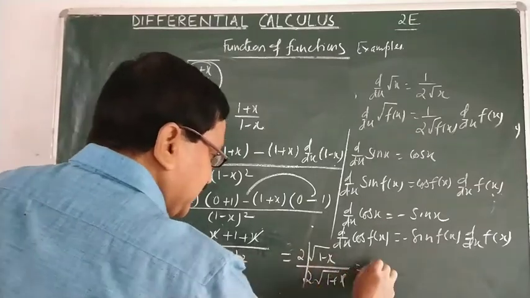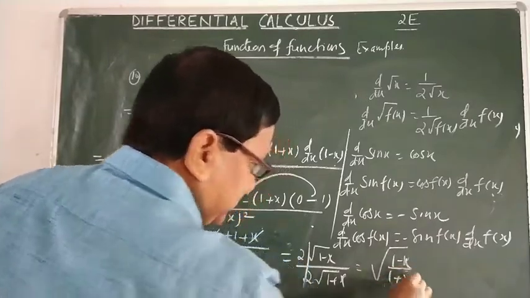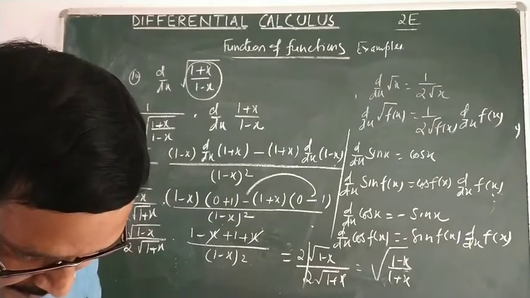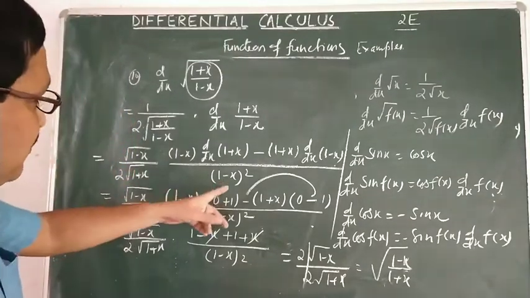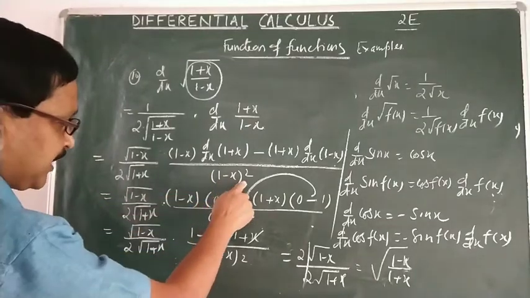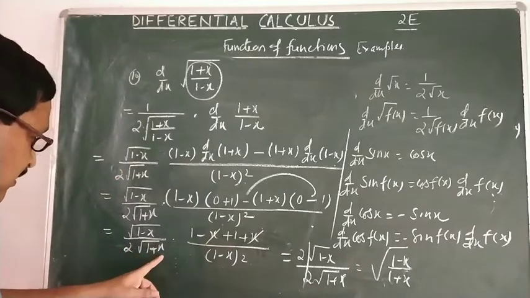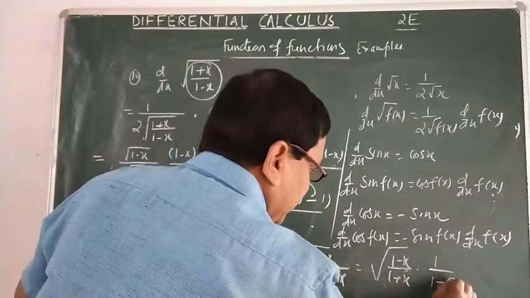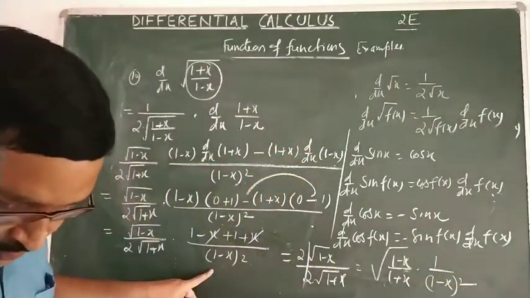The 2 cancels and this is your answer, (1 minus x) by root (1 plus x). But one thing is left: the (1 minus x) whole square, which I have left as 1 by (1 minus x) whole square.